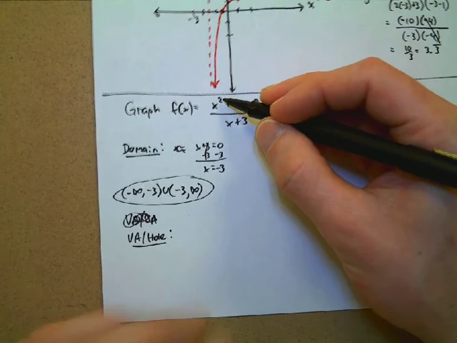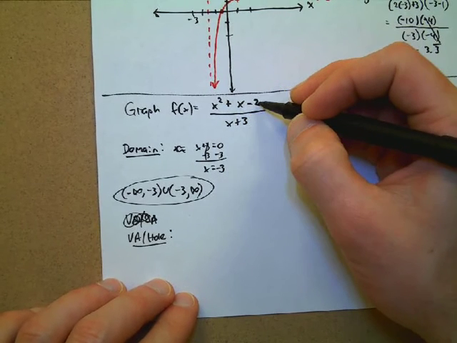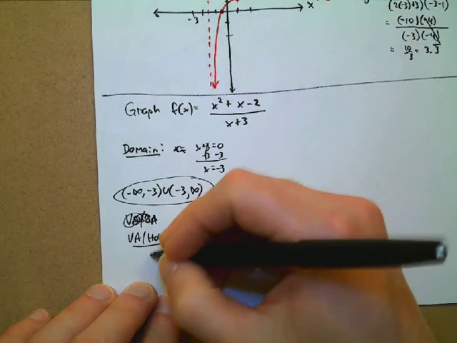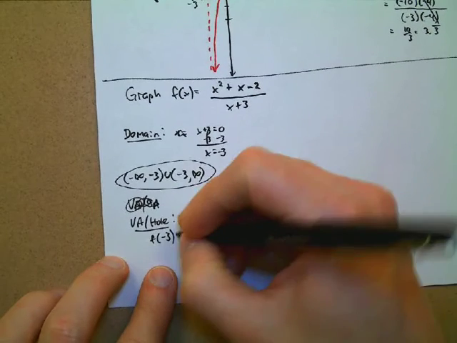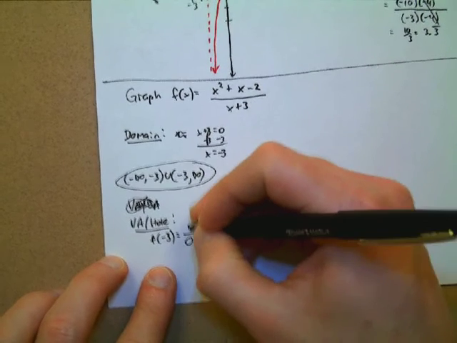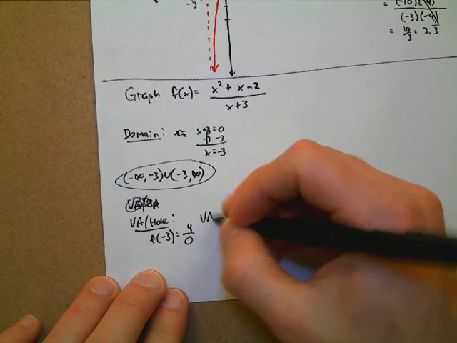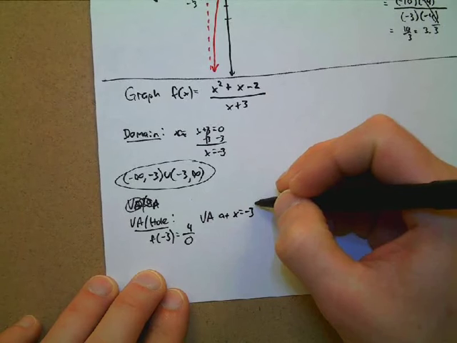Plus -3, now we're at 6. Take away 2, we're at 4. So f of -3, if I plug -3 back in, I get 4 over 0, which indicates we have a vertical asymptote. Vertical asymptote at x equals -3.